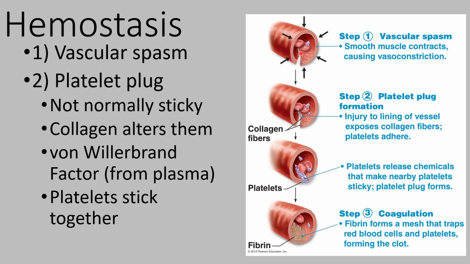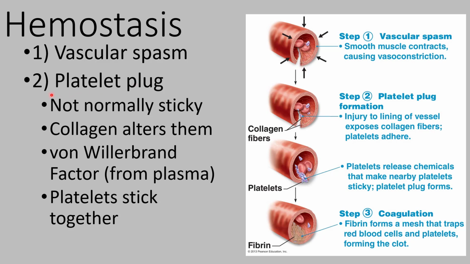But at the same time, it squeezes this cut, basically squeezing it shut. Now that doesn't fix the cut, but it prevents us from bleeding as much. You're squeezing this hole shut. That's the point of the vascular spasm, and that's just a result of that smooth muscle contracting because of the damage that occurred to it.